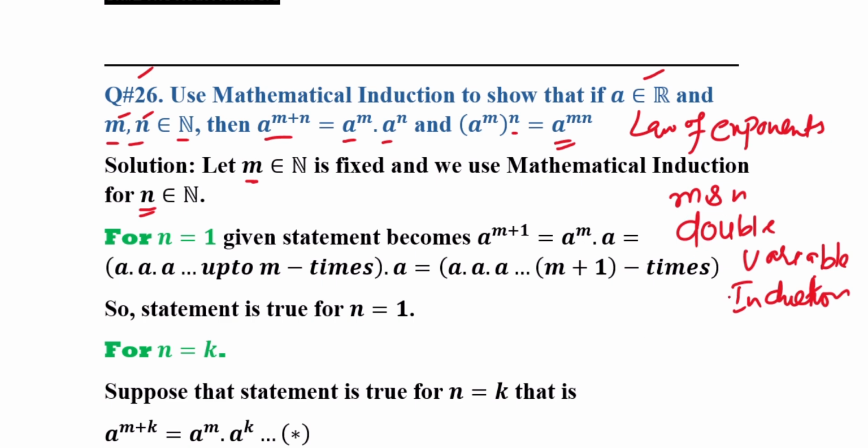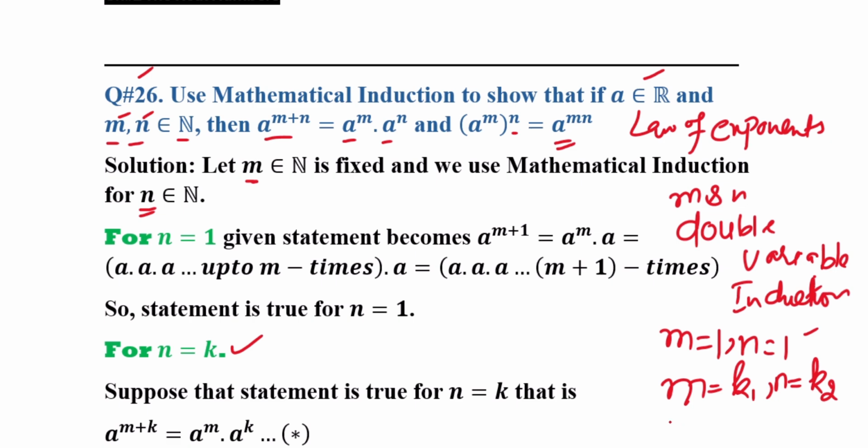If you use double induction, then at the first step, you will check the statement for m is equal to 1 and n is equal to 1. At the hypothesis step, you will suppose the statement is true for m is equal to k1 and n is equal to k2.